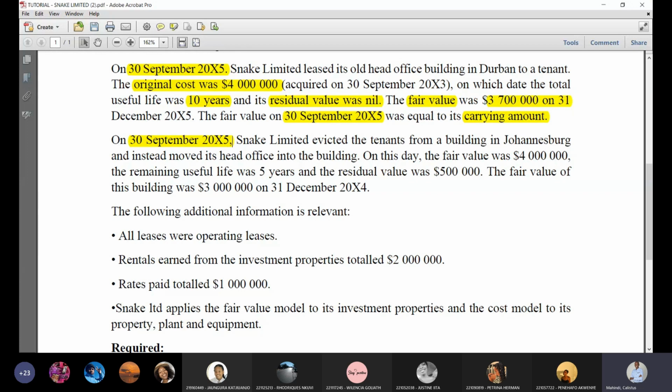In this instance, a change in use from investment property to property, plant and equipment. On this date, the fair value was 4 million, the remaining useful life was 5 years, and the residual value was 500,000.